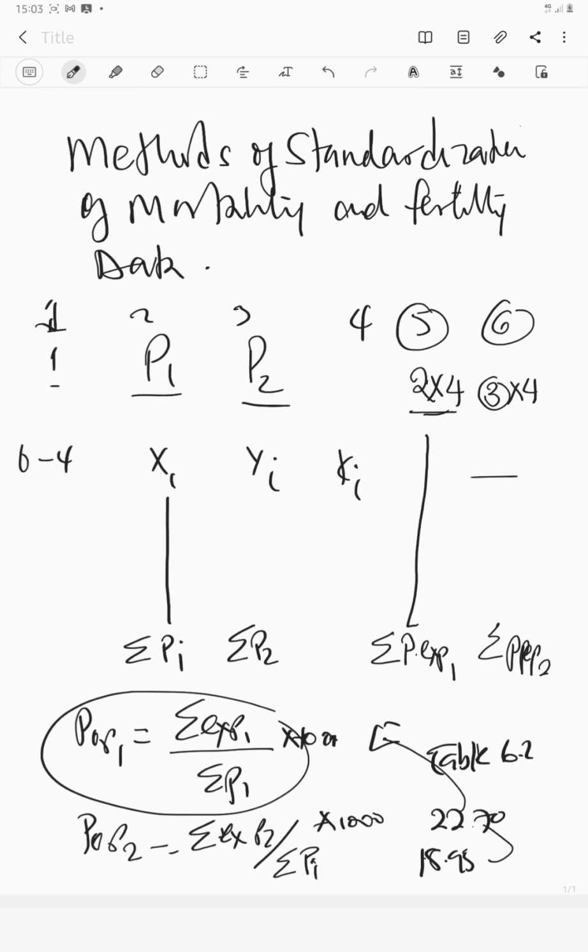Now, looking again, we can actually have another process which is called an indirect process, which is on table 6.3.